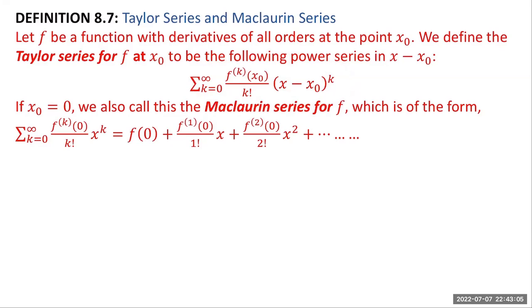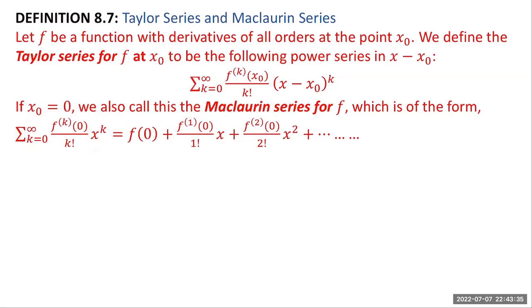Like in the previous definition, we have a Maclaurin series in this case. Maclaurin series means your x naught is equal to 0. If x naught is equal to 0, then we say that the corresponding series is the Maclaurin series. What would you get if you plug in x naught equals 0? You get 0 here, and this is just x to the power k. This is what we call the Maclaurin series.